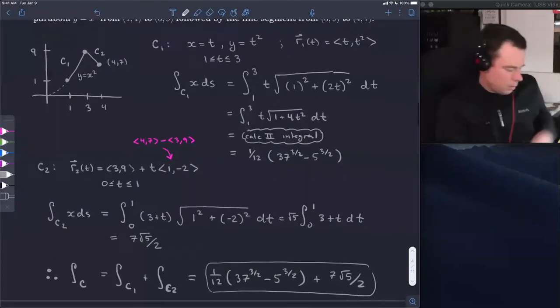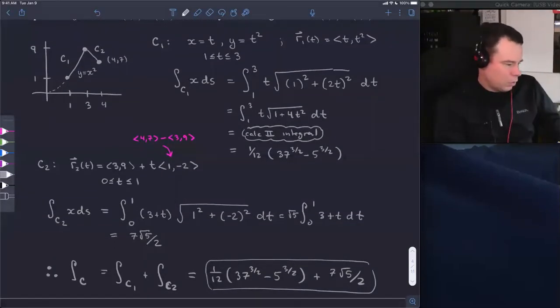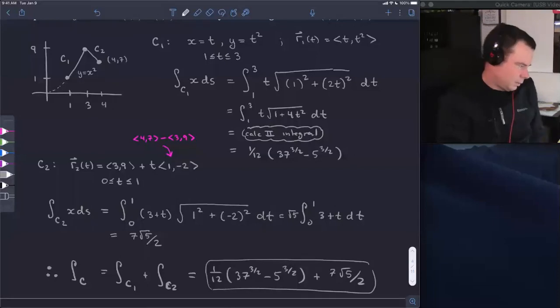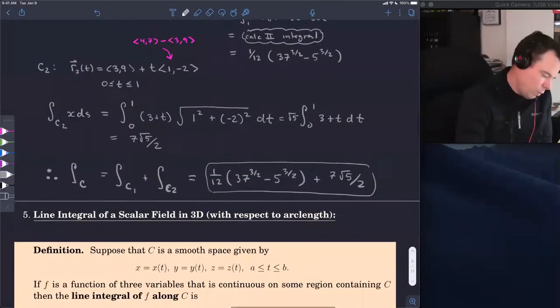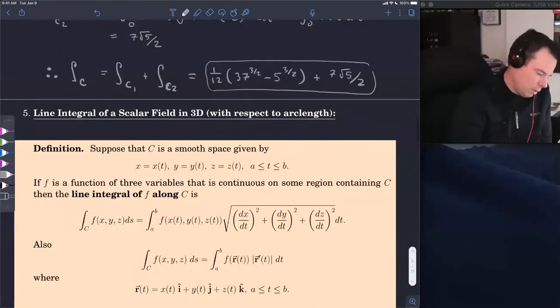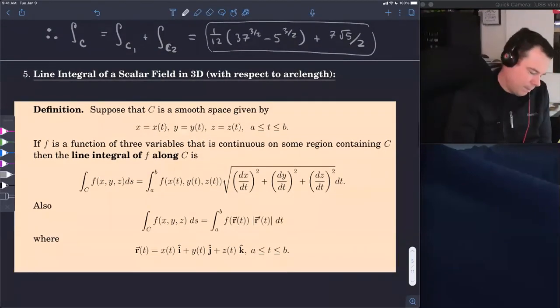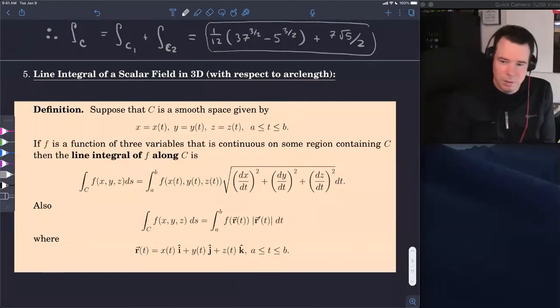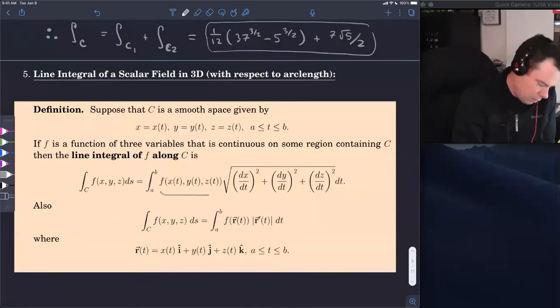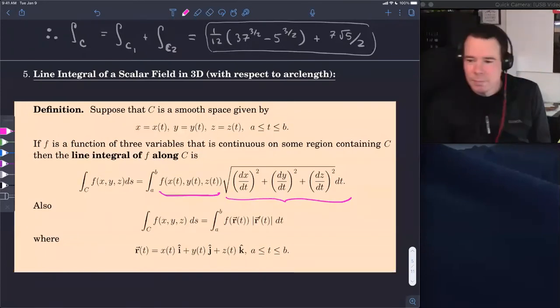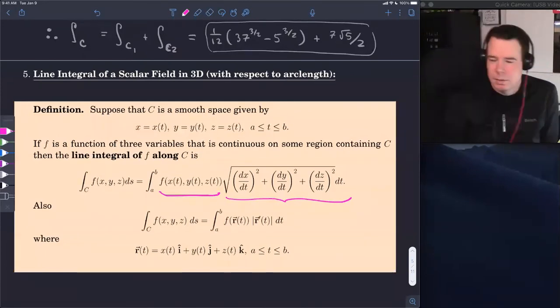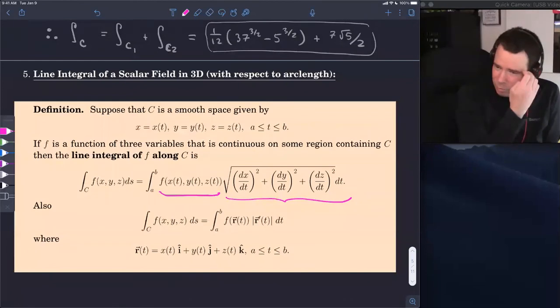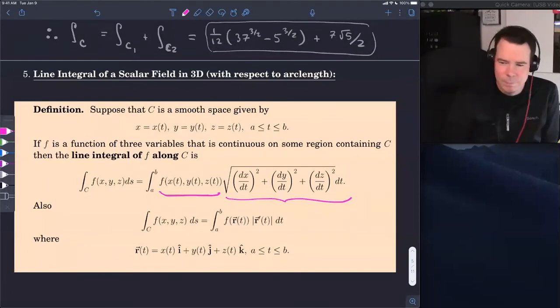So these are examples of line integrals of scalar fields. We can do the same thing in 3 dimensions as well. It just scales up very naturally. So we take our function and we plug everything in terms of t, and then we use the corresponding expression for ds in 3 variables. That's (dx/dt) squared plus (dy/dt) squared plus (dz/dt) squared.